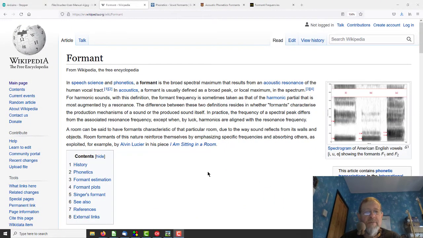Now, the human mouth and throat, the vocal tract, is basically a few cavities which act like bandpass filters, and the frequencies of these filters can be altered as you speak or sing, which is how the different vowel sounds are made.